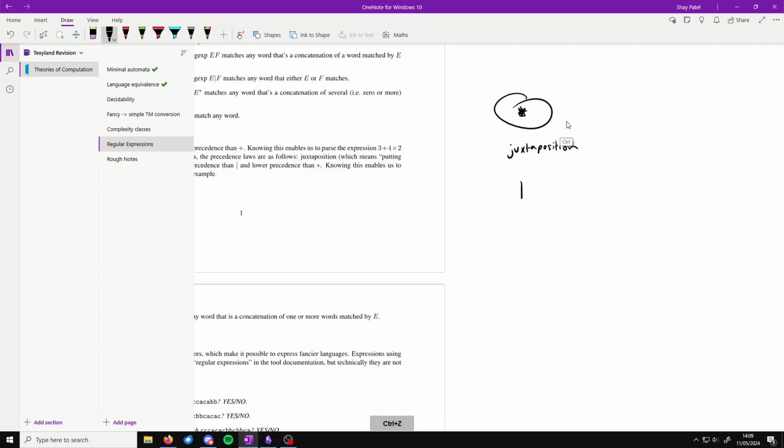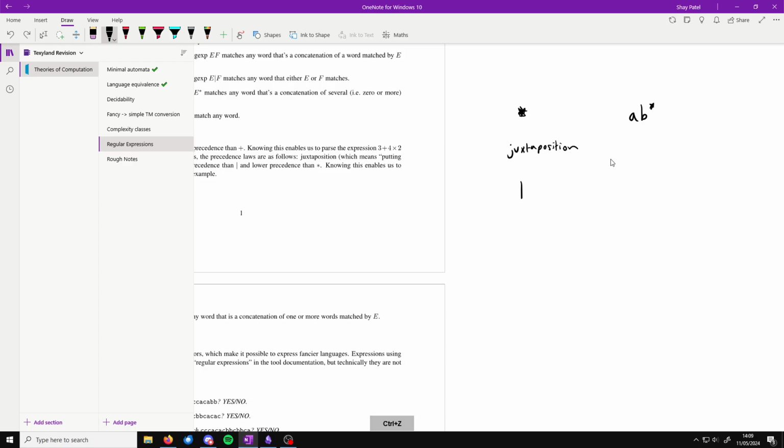So at the very top, something like A star, this star has the highest precedence. So if we have A B star, this star only applies to this B. It doesn't apply to this whole term. If we wanted to apply it to AB, we'd put brackets around here.